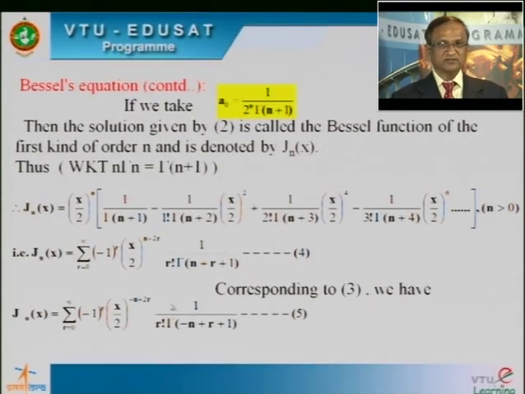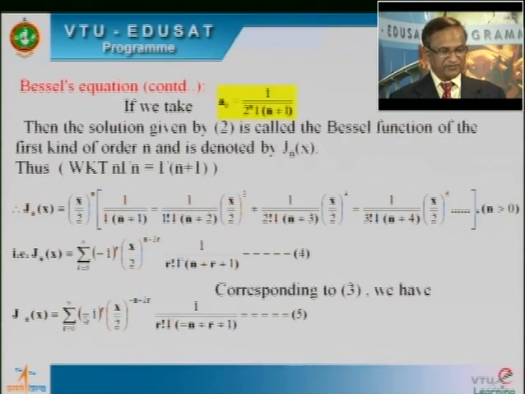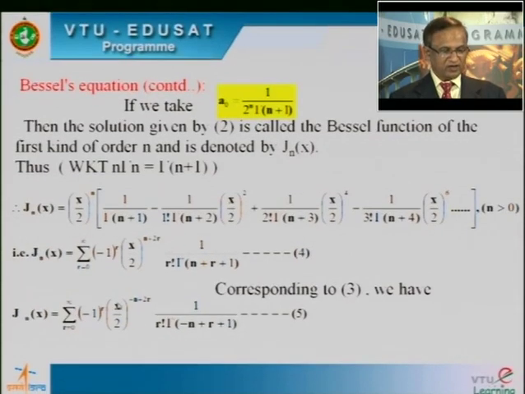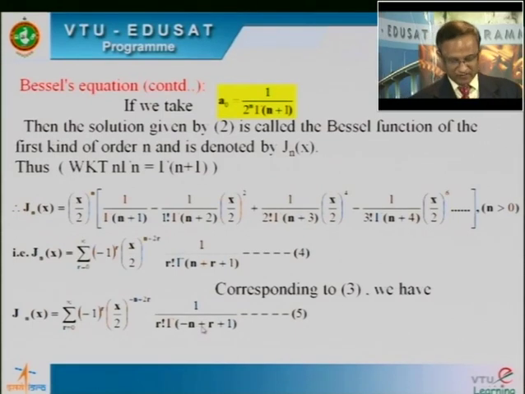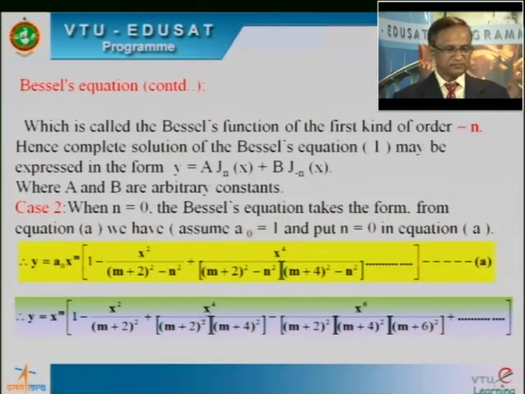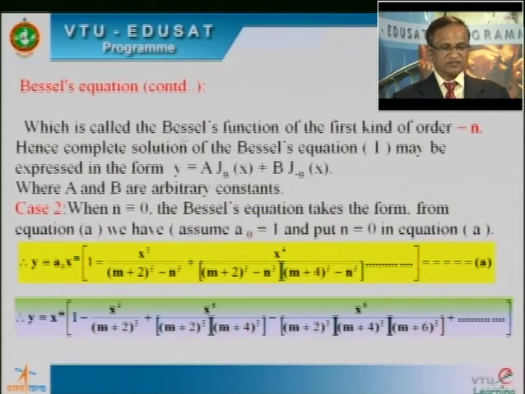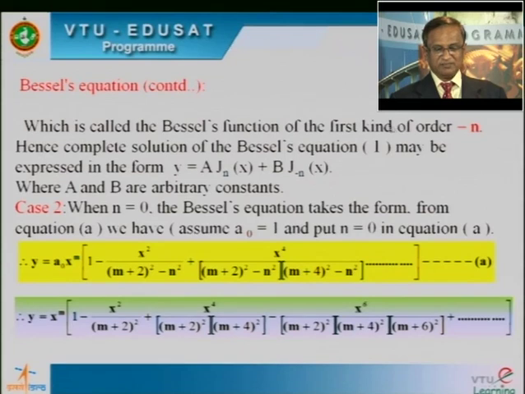You can write equation number 3 in this form: J₋ₙ(x) = Σ from r = 0 to ∞ of (−1)^r (x/2)^(−n+2r) · 1/(r! Γ(−n+r+1)), which is called the Bessel function of the first kind of order −n.